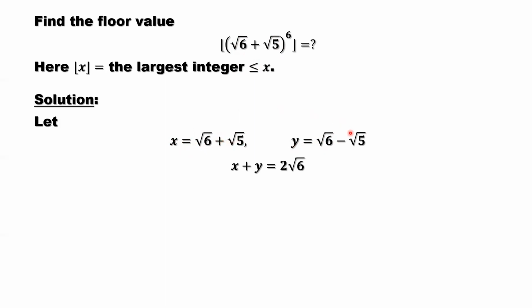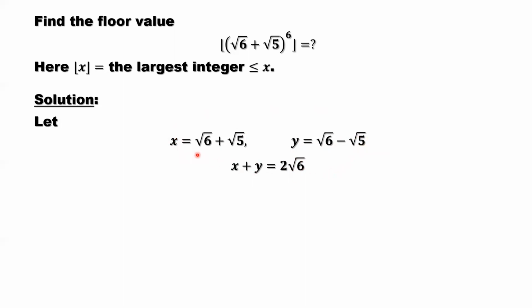Add the right-hand side together. That's square root of 6 plus square root of 6. Here the positive square root of 5 and negative square root of 5 cancel each other. So the right-hand side, we have 2 square root of 6. This is the first result after we define the two variables.